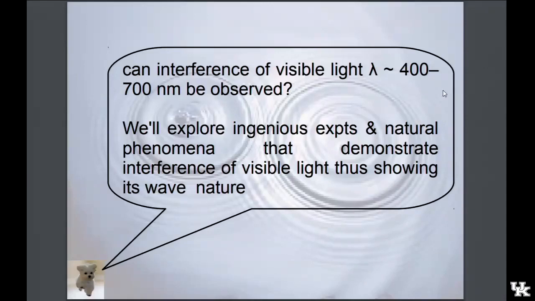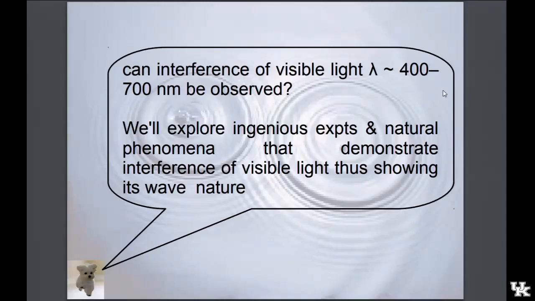So 400 to 700 nanometers, those wavelengths are less than 1 micron, which is less than a thousandth of a millimeter. There's no way, even with your eyesight, that you're going to see a wavelength that is shorter than a micron. It's not possible to directly observe the interference, the wavelengths of light.